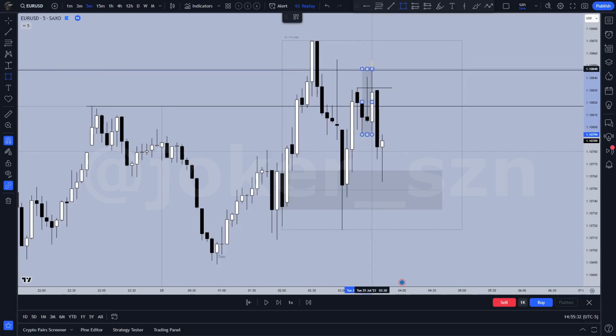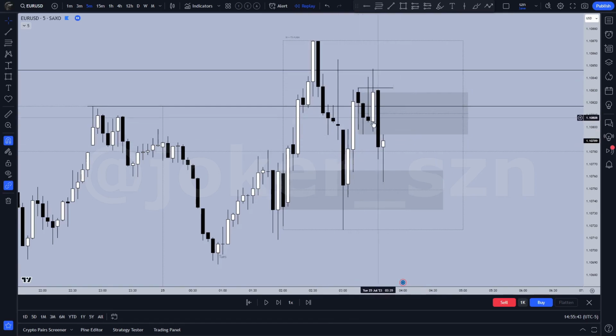So this right here is our breaker zone. In this case I also take the wicks, because the bodies are relatively small, so that's why I take the entire candle with the wicks.